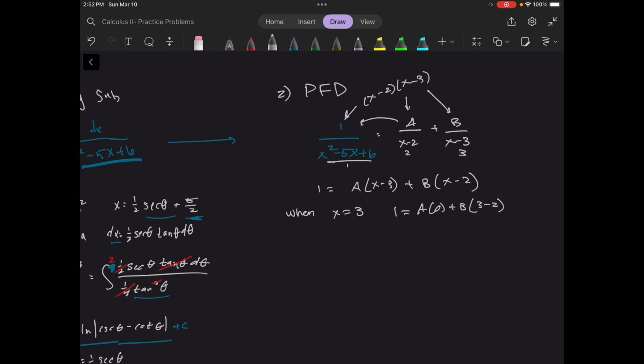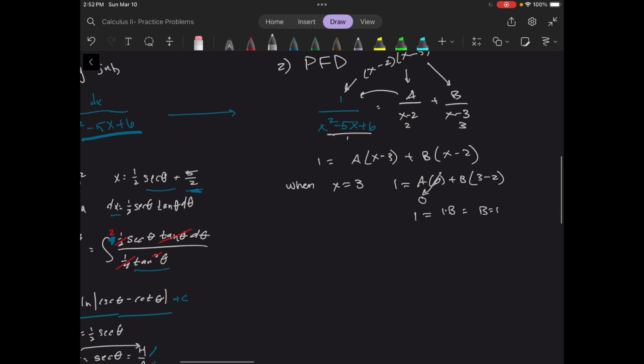So you can solve this equation, because the a times 0 is just 0, to get that 1 equals 1b, which means just that b equals 1, right? B equals 1. Since a and b don't change, we can just use different test values of x.